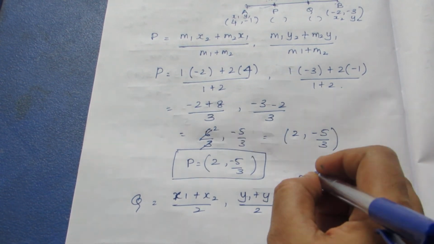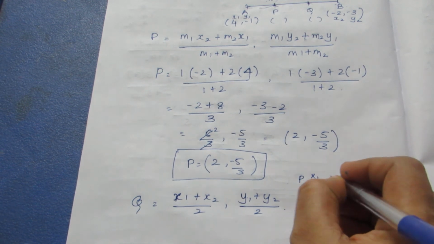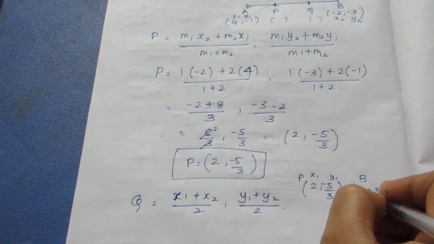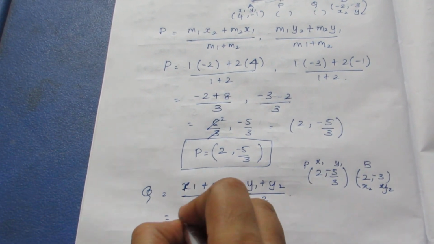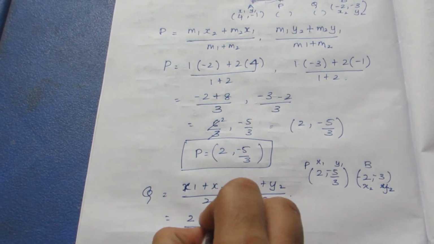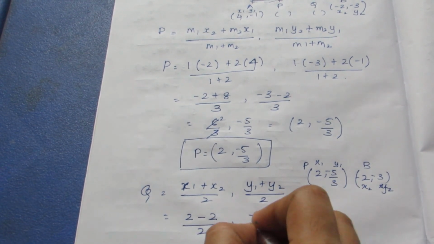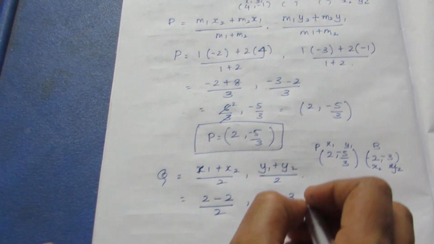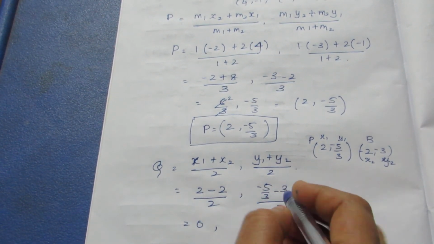This will be your x1, y1 and this will be your x2, y2. Now just substitute the values here: (2 - 2) by 2, and (-5/3 - 3) by 2. This becomes 0. Here we need to take the LCM.